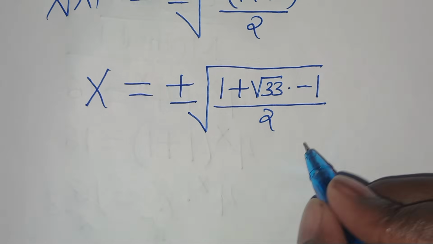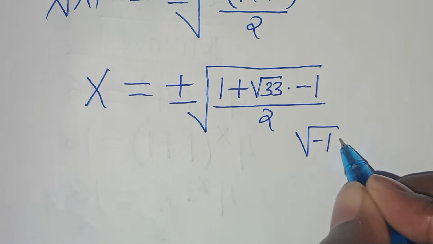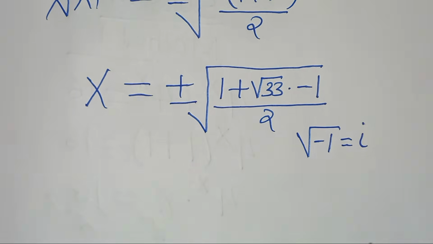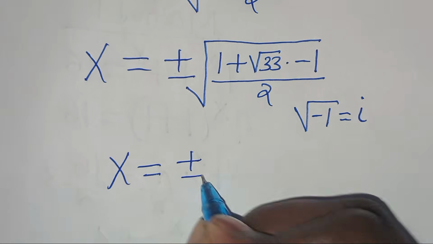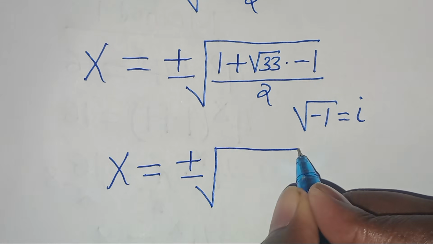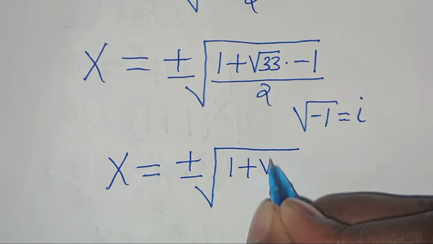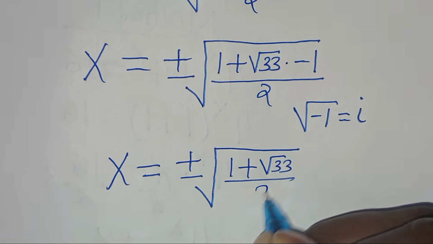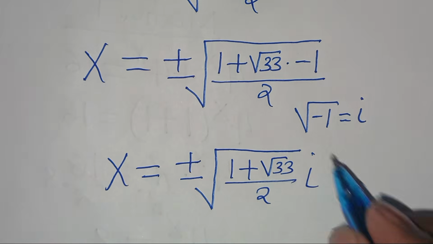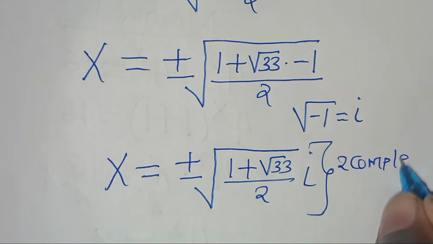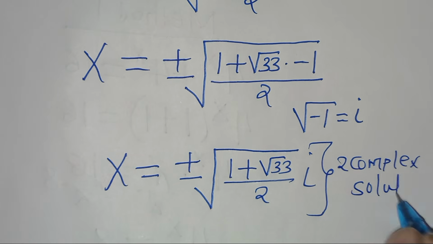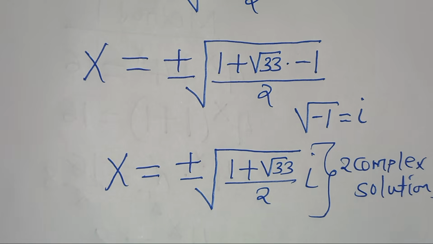So the square root of negative 1 is the same thing as i. So we have x equal to plus or minus the square root of 1 plus the square root of 33 over 2, times i. So these are two complex solutions for the values of x.